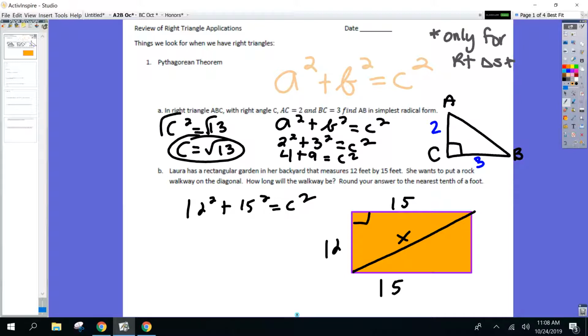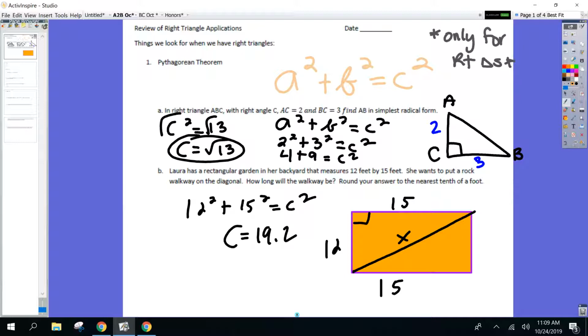Round your answer to the nearest tenth of a foot. 19.2, yep. Okay, any issues there using Pythag?